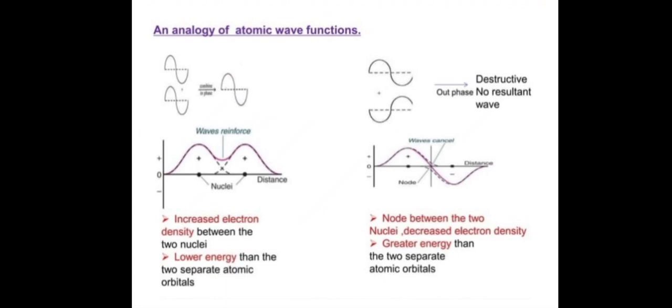And this is the wave representation of bonding and antibonding molecular orbitals with nodal planes and nodes. This is a constructive interaction, and this is a destructive interaction. Constructive interaction is also called the addition process, whereas destructive interaction is also called the subtraction process. Coming to the characteristics of bonding molecular orbitals, the difference in energy between the combining atomic orbital and the formed bonding molecular orbital is called stabilization energy.